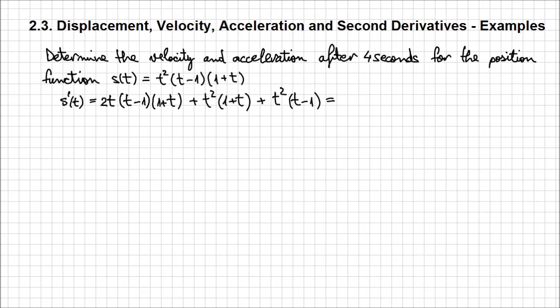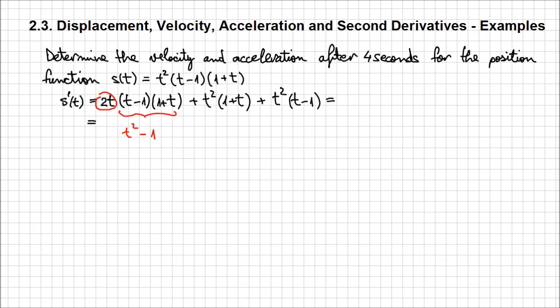So this is basically the result, but we want to simplify a little bit more before we differentiate it once again, to bring it to the simplest form. And what I notice is that this t minus 1 times 1 plus t, or t plus 1, is going to be t squared minus 1 squared, or 1.